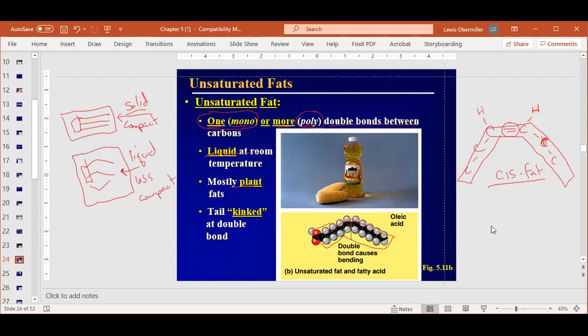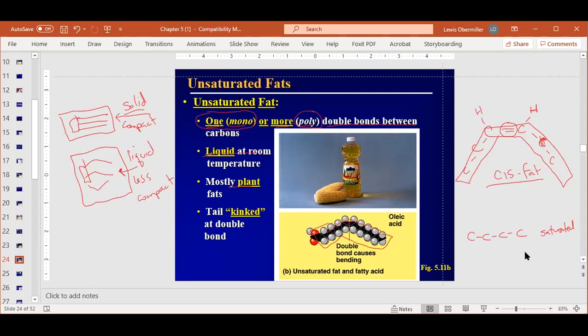So if we looked at it, we know that this is going to be saturated. It's a straight chain, right? And it's going to be solid. But I have this, which is going to be bendy, and this is going to be unsaturated.